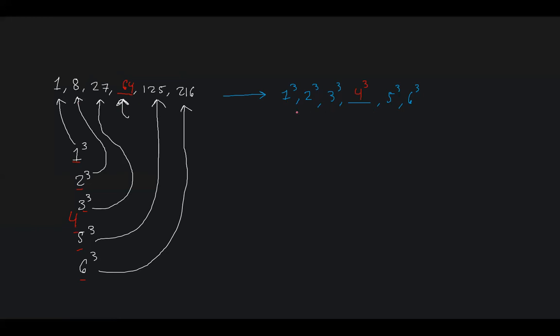That means the missing number here is 4. And again, all of the numbers here are raised to 3. Therefore, the number 4 should also be raised to 3. Hence, this is the missing number.